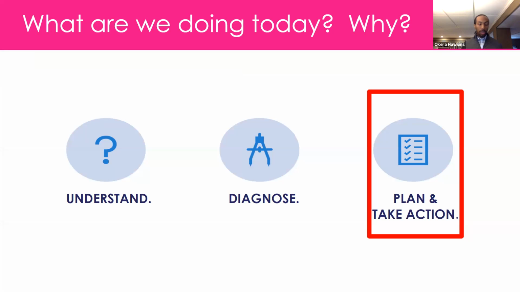And so we want to think about our three key actions for acceleration: understanding, diagnosing, and then planning and taking action. We know that we've talked extensively about the first two steps in this process, about how we understand what the focus of the grade needs to be, and then how we find quality diagnostics that are timely and reasonable for teachers to unpack that data, and then to use that data effectively to create plans for support for students based on where they fall in the spectrum.